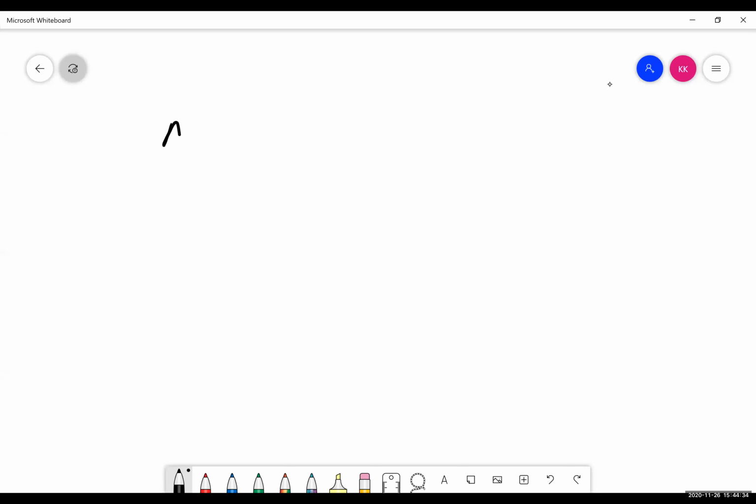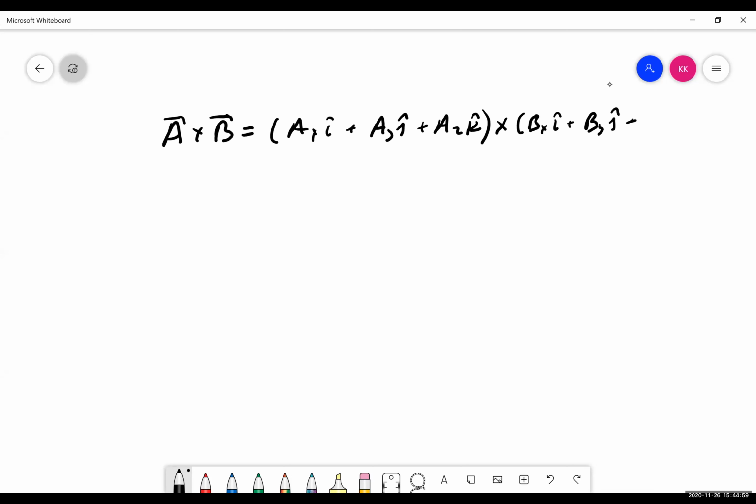Let's say you have two vectors, A cross B, where A is given as AX I hat plus AY J hat plus AZ K hat, which means it's a three-dimensional vector. Then cross BX I hat plus BY J hat plus BZ K hat. So you have a three-dimensional vector for each one, and you're doing the cross product of them.